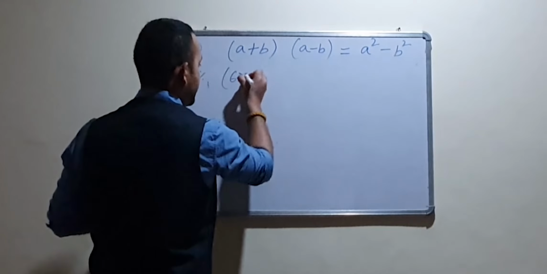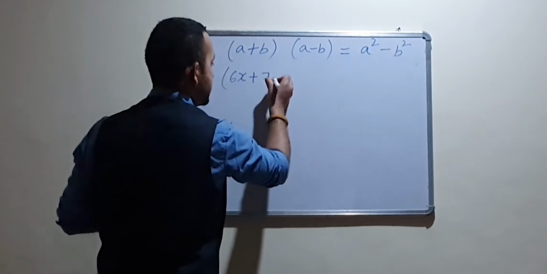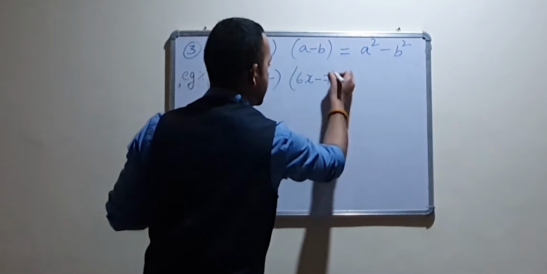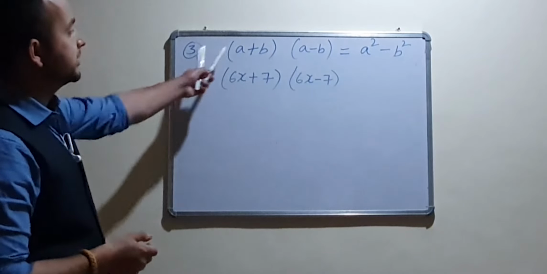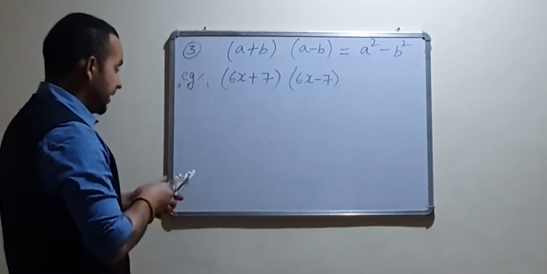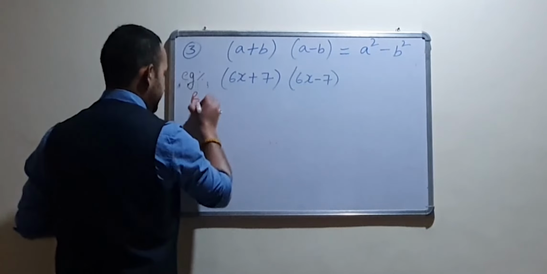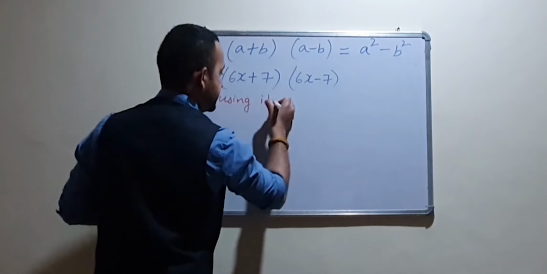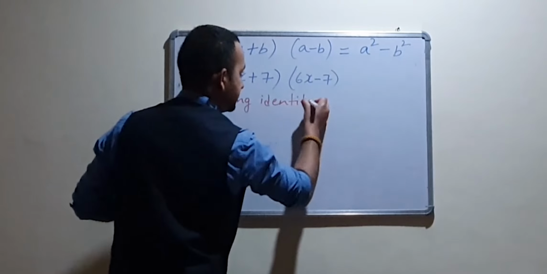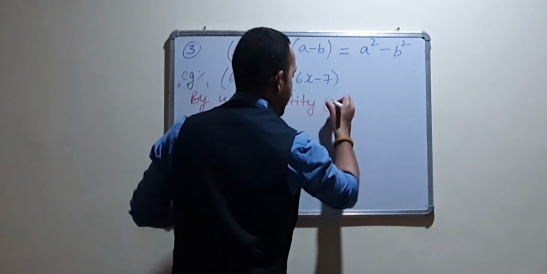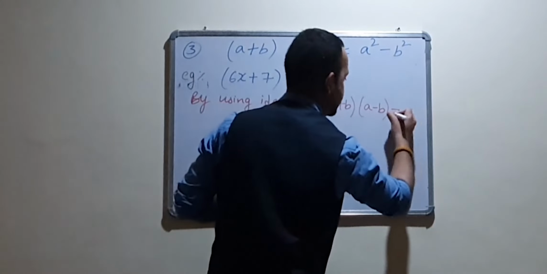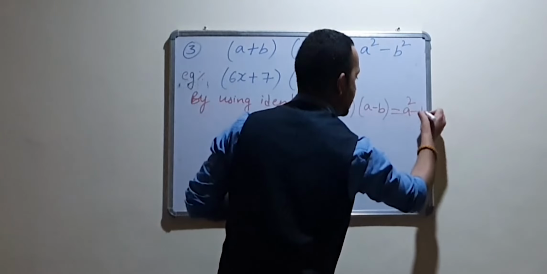So your example is, suppose, (6x plus 7)(6x minus 7). So this is your third identity. By using the third identity, (A plus B)(A minus B) is equal to A square minus B square.